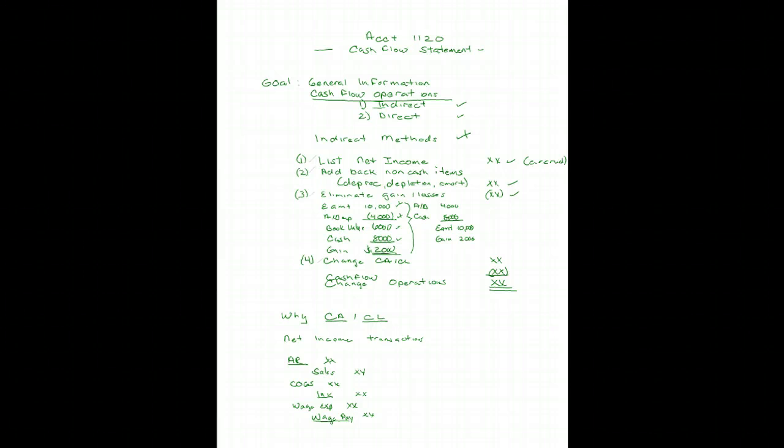And remember, we're going to do our statement on cash flow from operations on the indirect method, which says: number 1, list net income; number 2, add back non-cash items; number 3, eliminate gains and losses; and number 4, capture the change in current accounts, and that'll give you your change in cash flows from operating activities. Still fuzzy, but let's keep going.